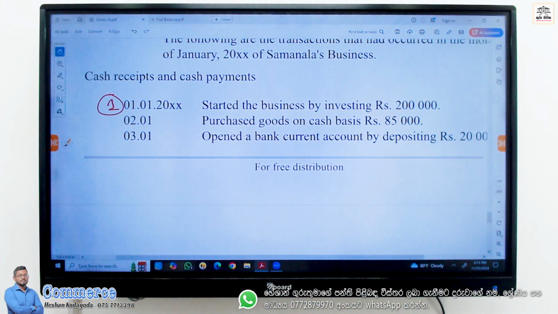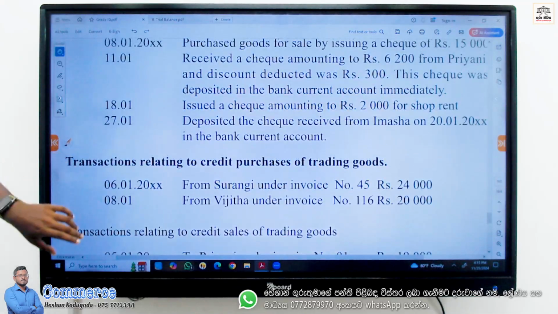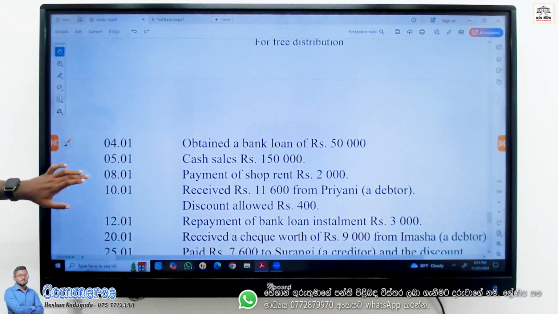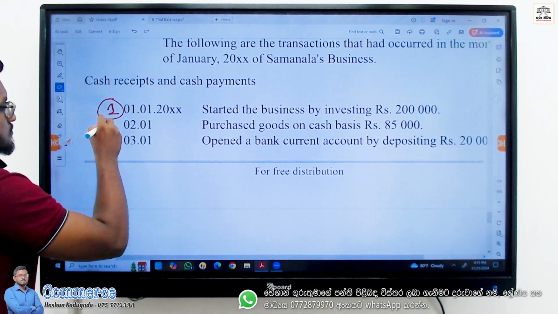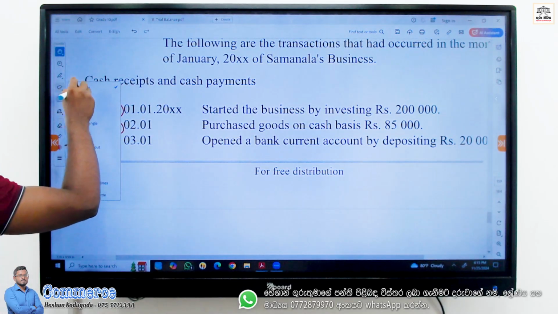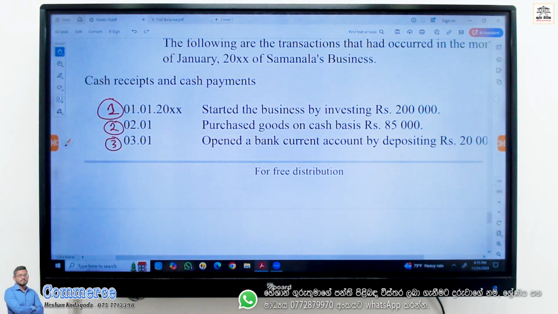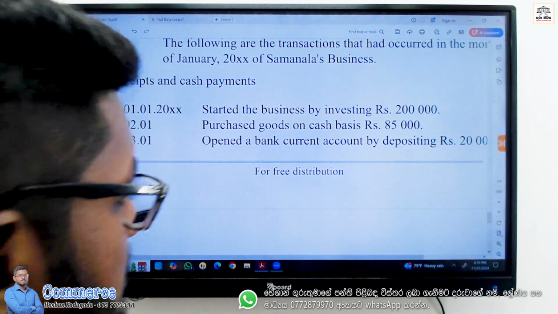Fine. Then after January 1st, let's go to January 2nd. There is only one January 2nd transaction, so put number 2 for January 2nd. Likewise, January 3rd has only one, so put 3. Look carefully to check whether there are any below. Okay? This is number 3.